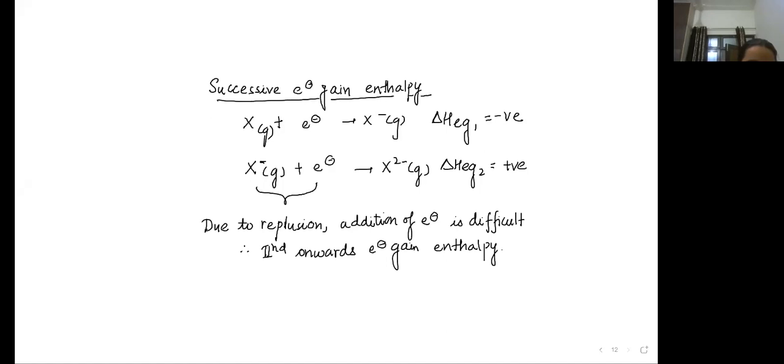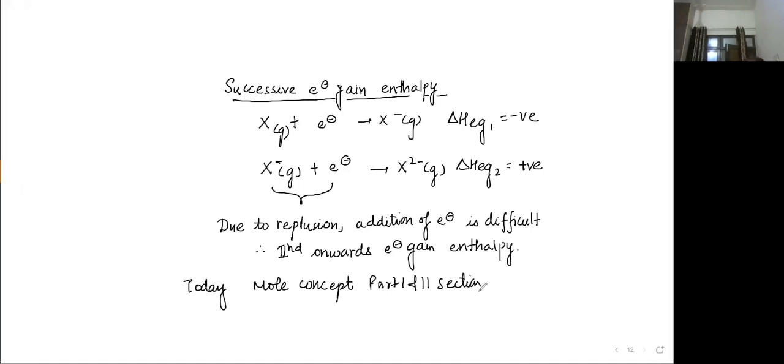With this, class is over. Repulsion is there. Due to repulsion, you cannot add the electron. So second, third, fourth, all electron gain enthalpy sign will be positive.